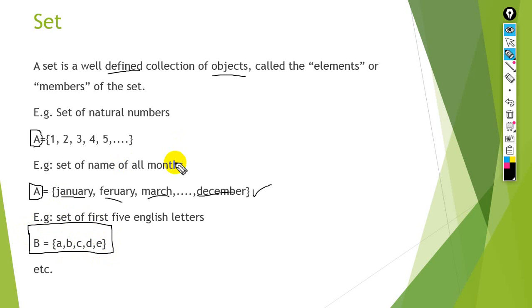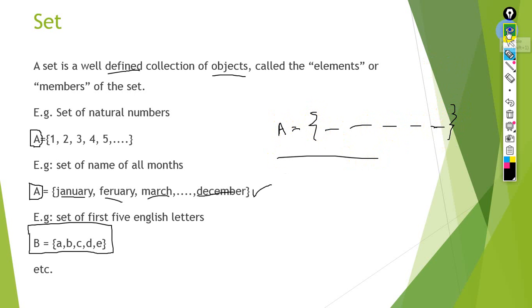I will take a set and write the names of any 5 students from the 4th semester. We can say this is a set. I hope you understand the set.